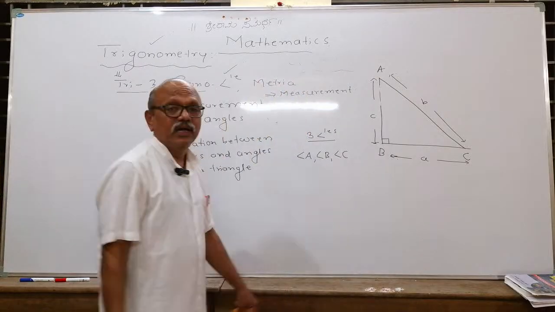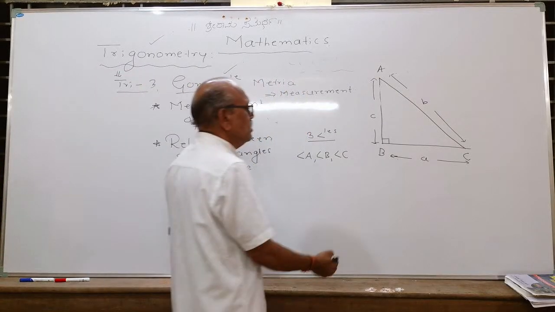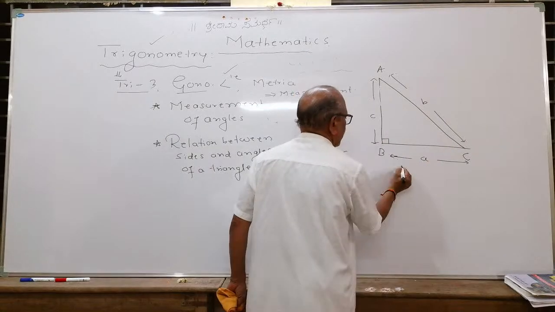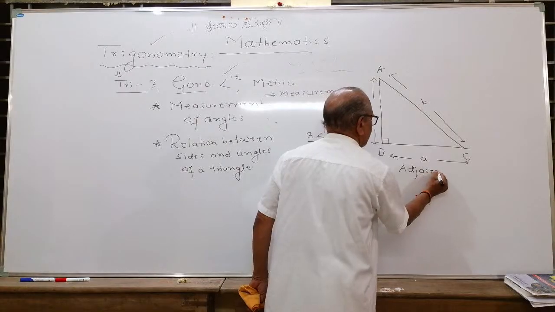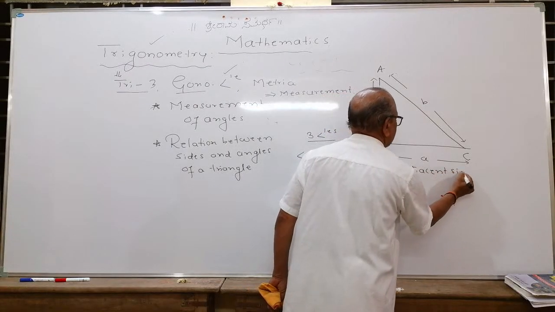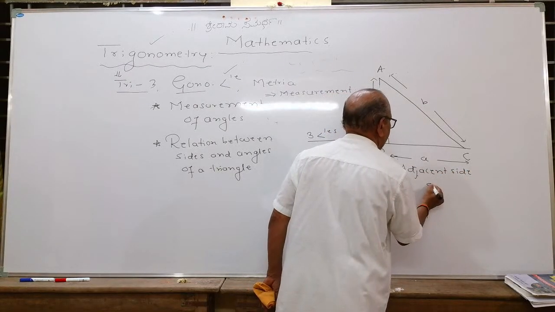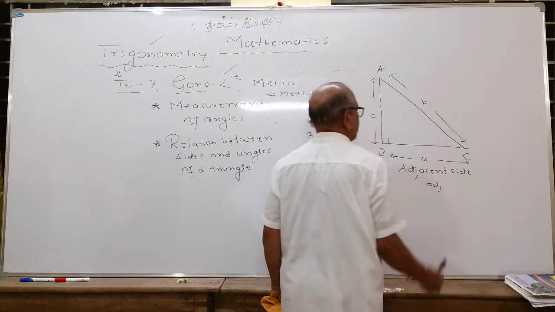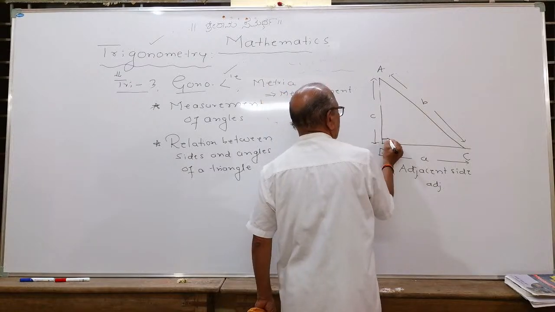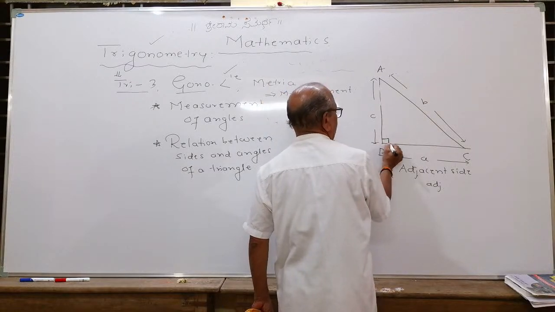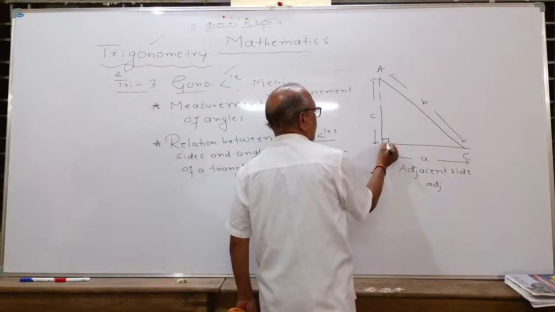In particular, in a right angle triangle, this base we call the adjacent side. We will simply write it as ADJ, adjacent side. And the side opposite to the right angle, angle ABC, or angle B, is a right angle.